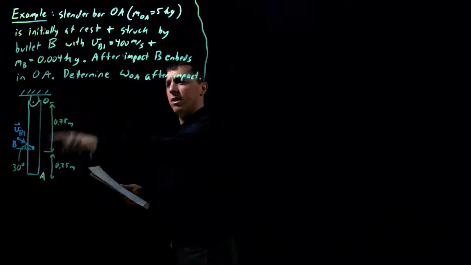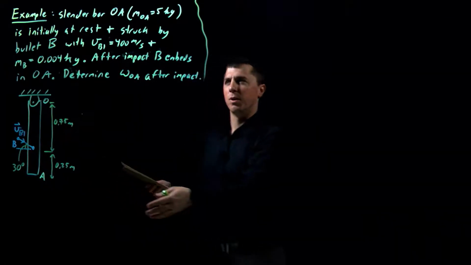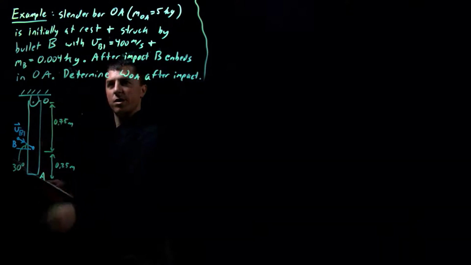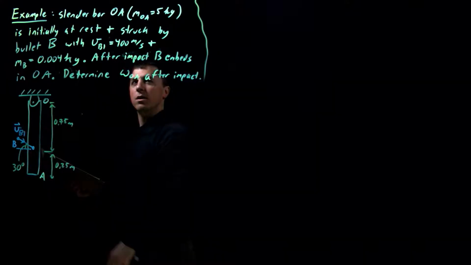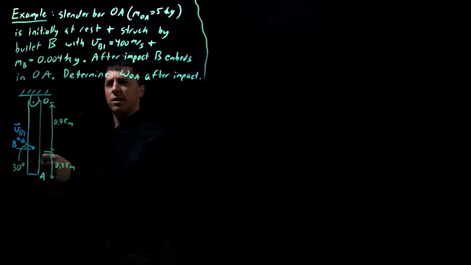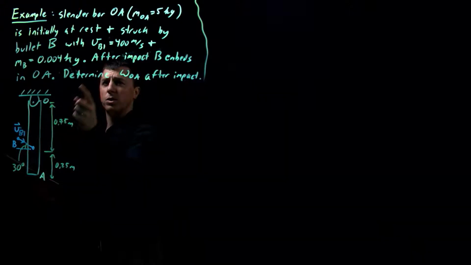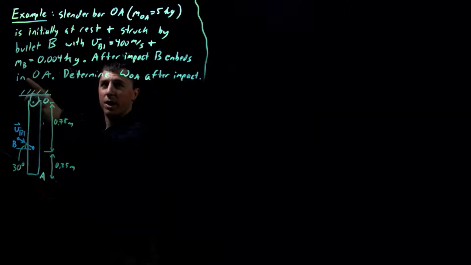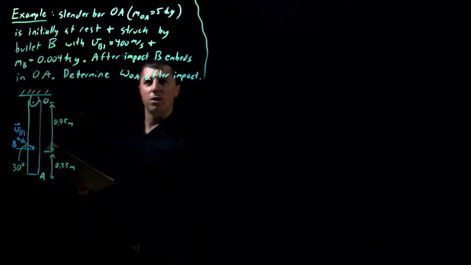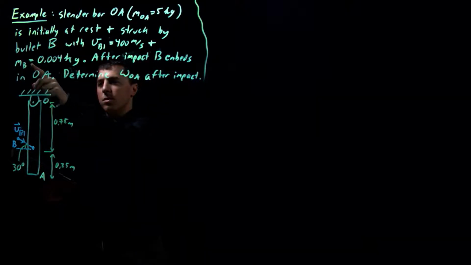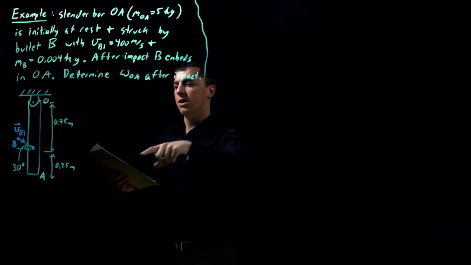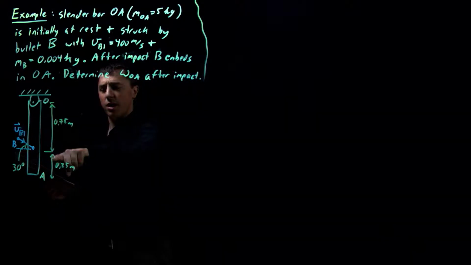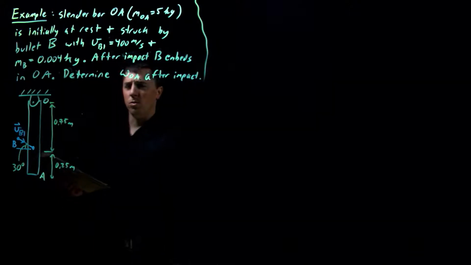What we have is a slender bar. It doesn't look like it too much in my diagram, but we'll treat it as a slender bar, OA, with a given mass, initially sitting there at rest and then struck by a bullet, which was traveling quite fast at 400 meters per second with a tiny little mass. So, moderate momentum, because the momentum is the mass times the velocity. But at this angle, heading downward at 30 degrees from the horizontal.